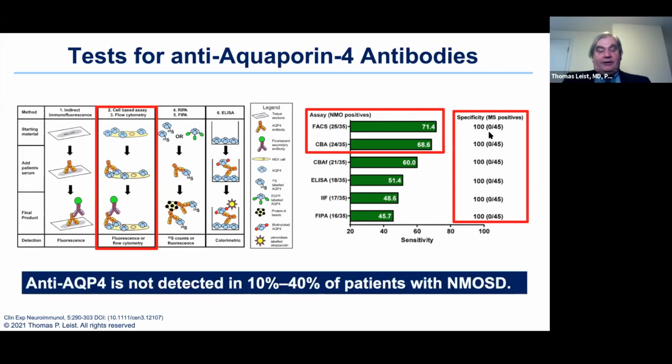And so it raises the issue, is that a technical defect, that we don't detect these antibodies because either the patients didn't produce it, or is the test not sensitive enough, or do these individuals have a different condition, so that even NMO spectrum disorder is made up of different conditions.